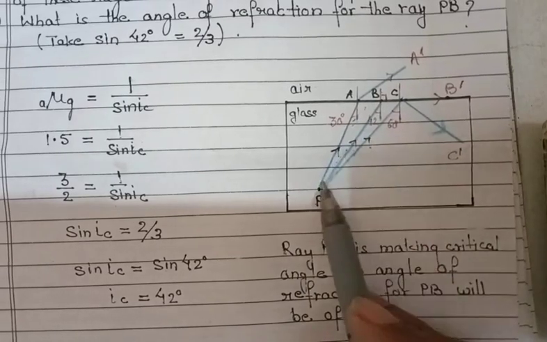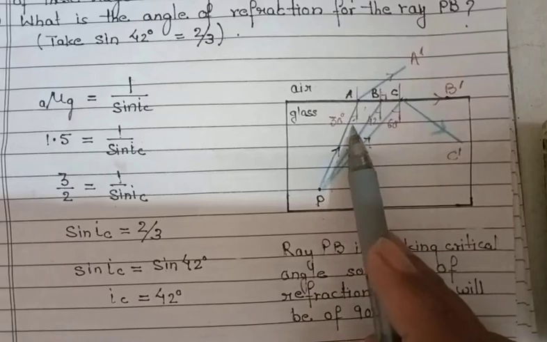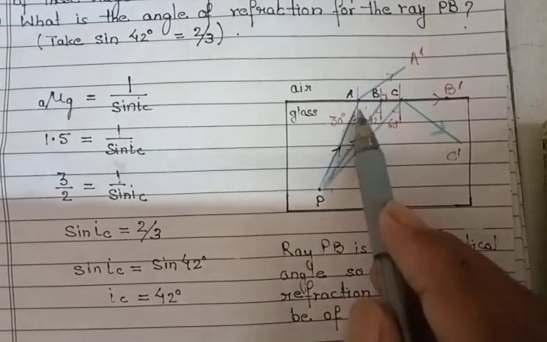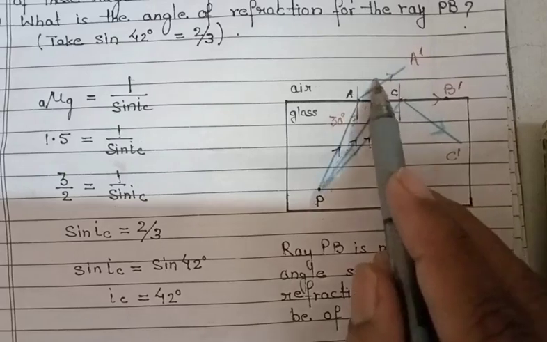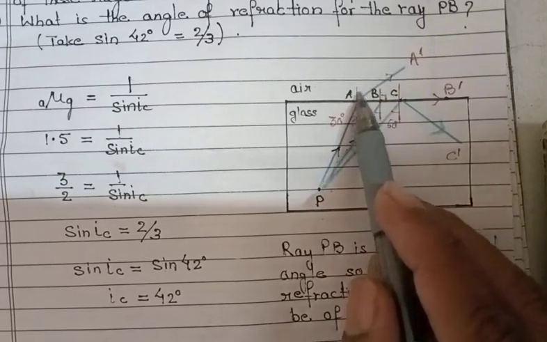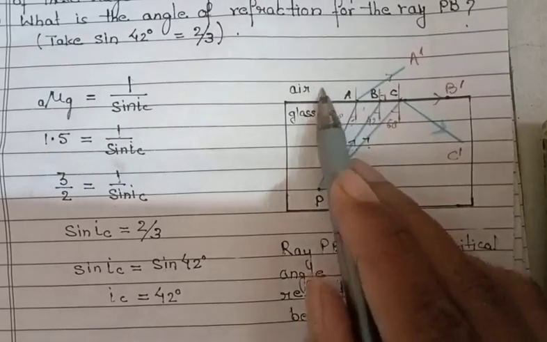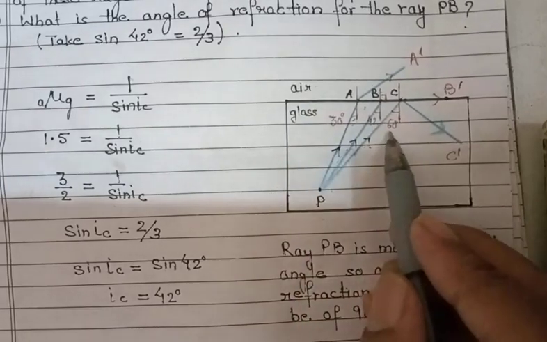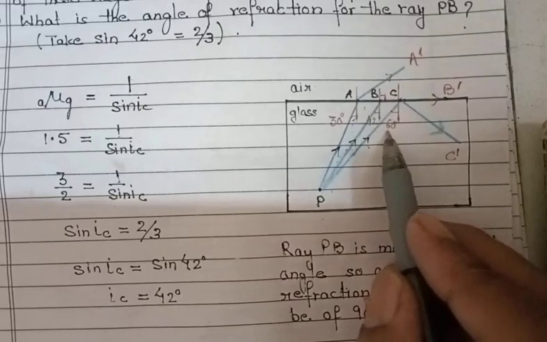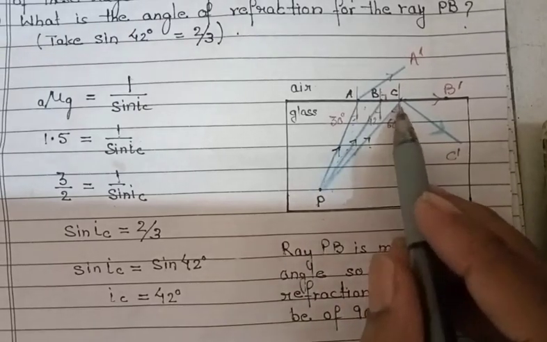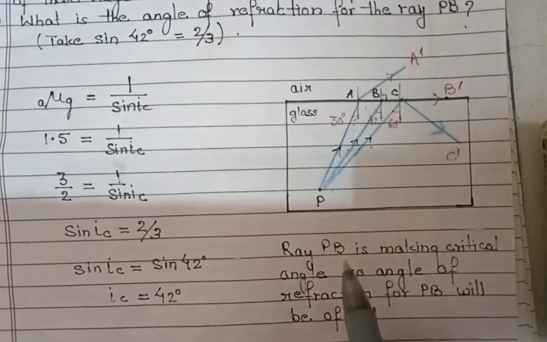If we consider ray PA, it is making angle of incidence which is less than critical angle, so it will refract and pass bending away from the normal, because it is passing from denser to rarer. And if you consider ray PC, its angle of incidence is more than critical angle, so that ray will suffer total internal reflection.